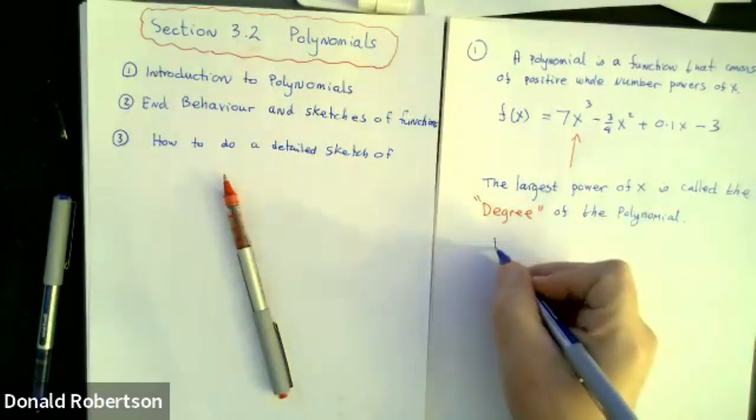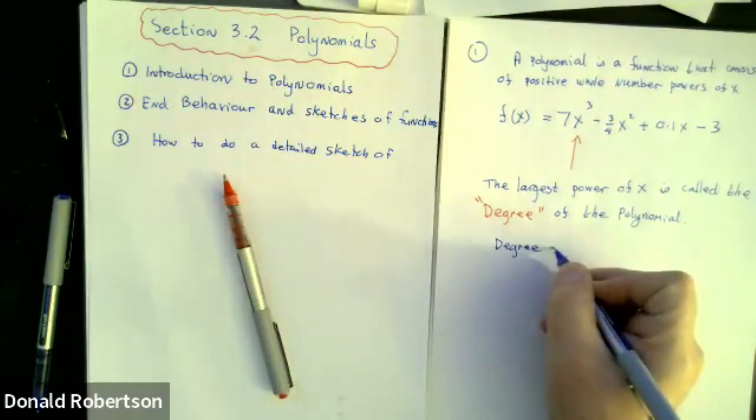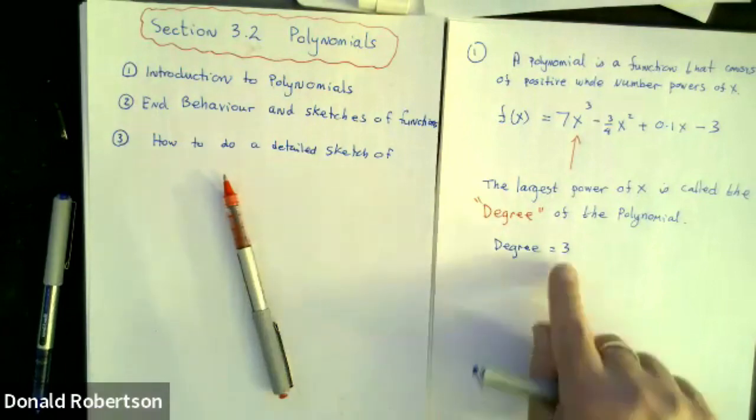In this case, we would say that the degree of this polynomial is 3. We don't say its degree is x cubed, and we definitely don't say its degree is 7x cubed. All you mention when you describe the degree of a polynomial is what the power is.